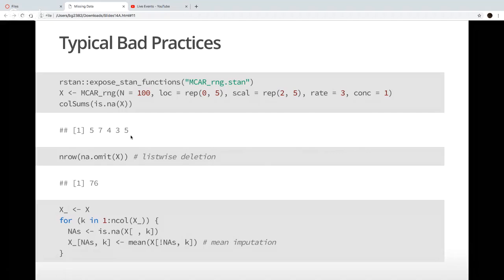So the magnitude of the problem is going to depend in part on how much missingness there is. In this case, we just have like 5–6%. But it's not just about the number of observations, but how much information is lost. As we'll see when we get into the Bayesian approach, you can have a lot of observations that have missingness, but if the true values of those things are predictable with a relatively small amount of error, then they're not so missing.